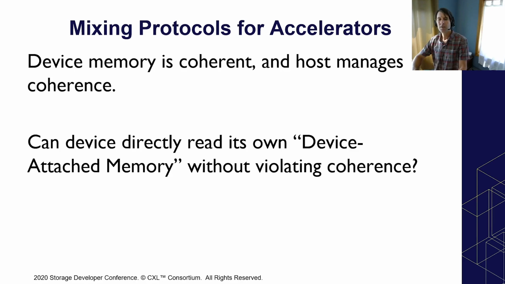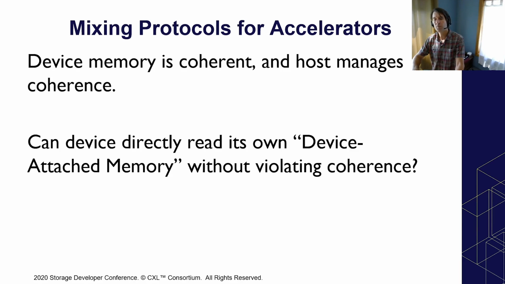So how can a device directly read this memory without violating coherence? Well, it has to take some responsibility for managing the coherence if we want to enable this ability for a device to directly read its own memory. And we believe this is a very valuable attribute, but we still don't want the device to be exposed to managing coherence across the whole of the coherence domain of the CPU host.